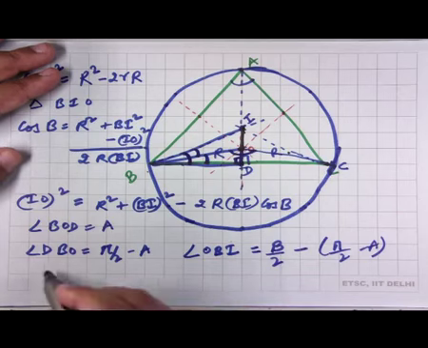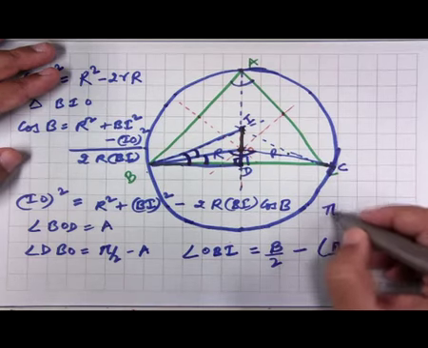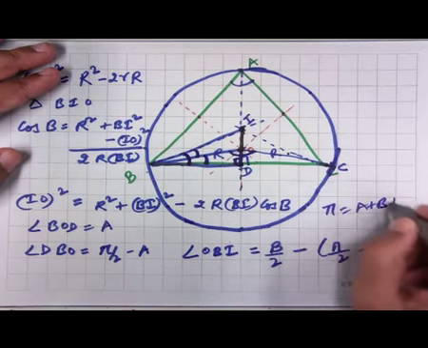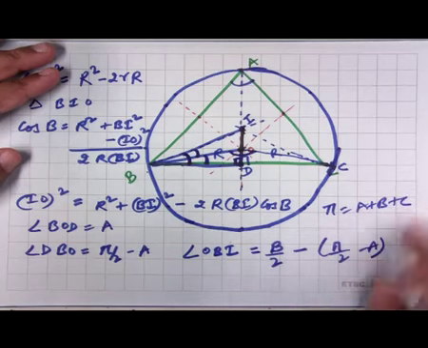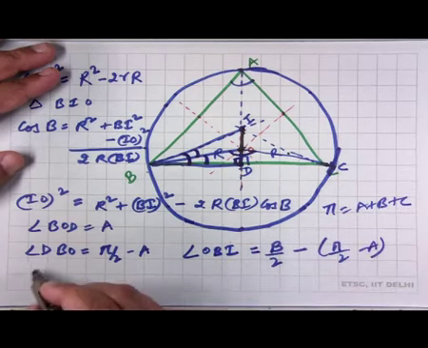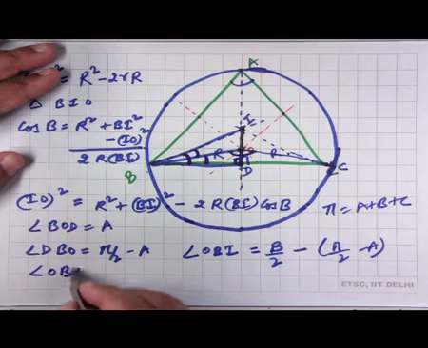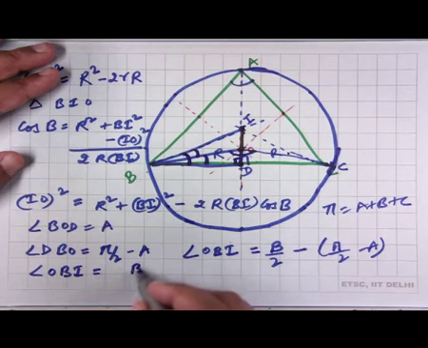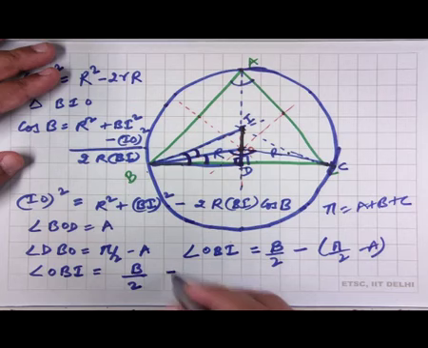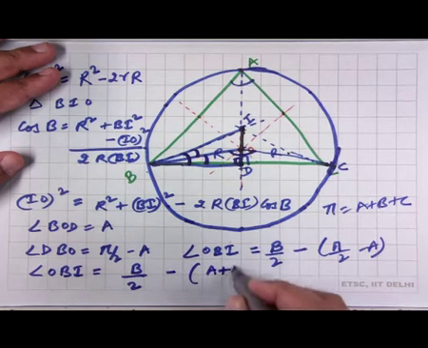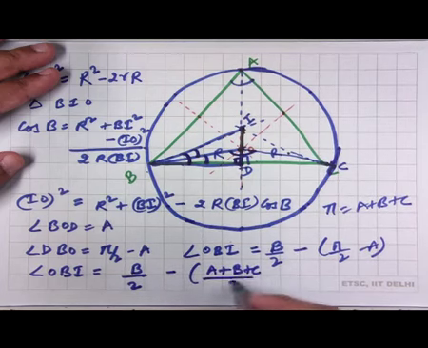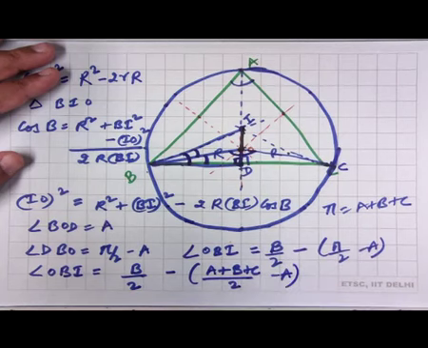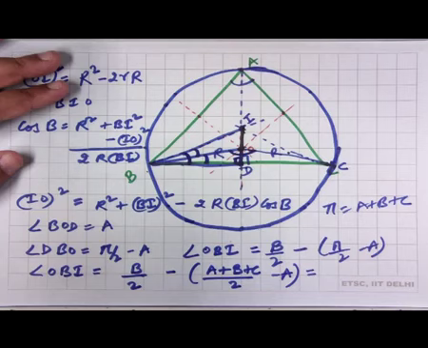Now, since in a triangle pi is equal to A plus B plus C, if we use A plus B plus C instead of pi, what we get is that angle OBI equals B over 2 minus (A plus B plus C over 2 minus A), and upon simplification this is equal to A minus C over 2.